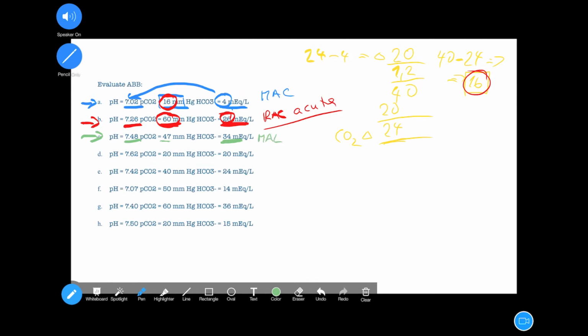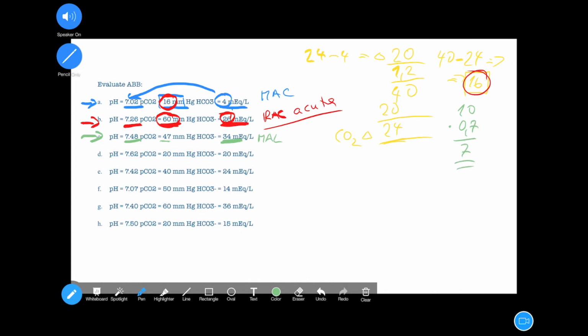And now we have to find out if it fits the formula or not. The formula over here says with the metabolic alkalosis that the delta of the bicarb, which is 10, you should multiply it by 0.7. And that is 7.